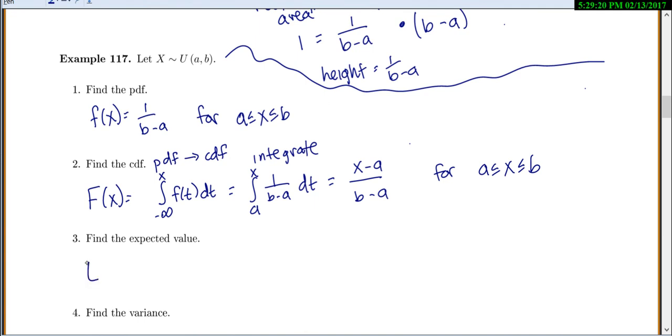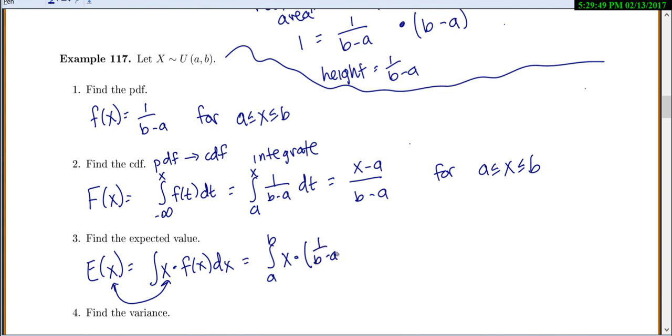Now, if you want the expected value for a continuous distribution, how do we find it? We just integrate. If we want the expected value of x, we integrate x times little f of x dx. Remember, whatever you want to find the expected value of, that's what you plug into your integral. And you integrate over your entire bound, so in our case from a to b, x times my PDF, which is 1 over b minus a, dx.